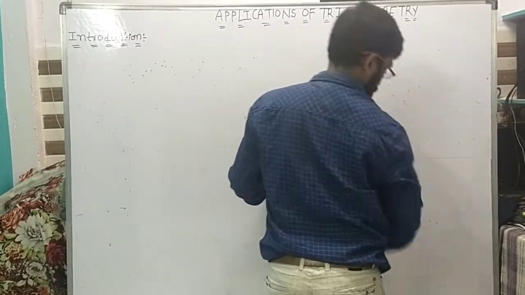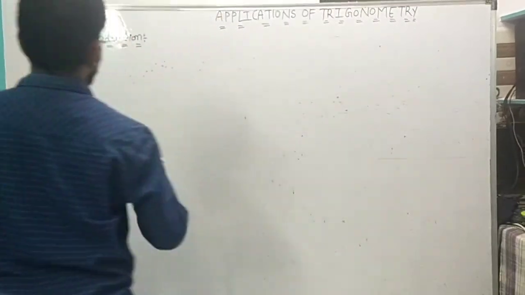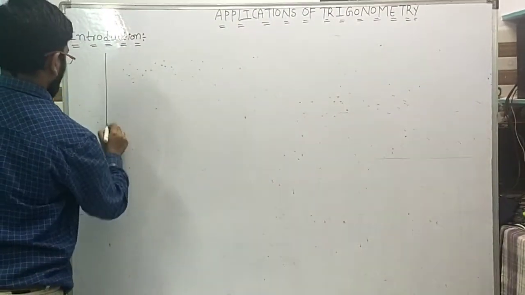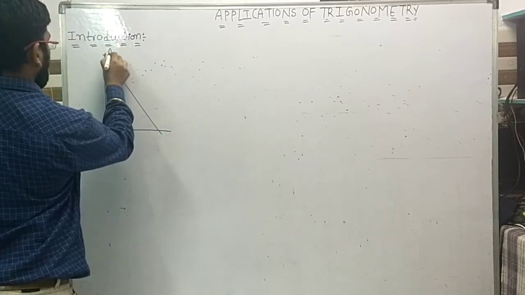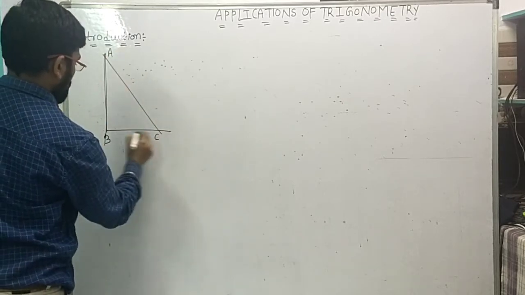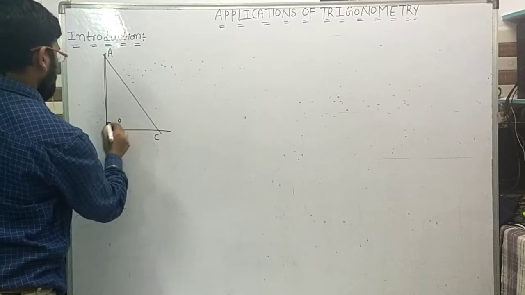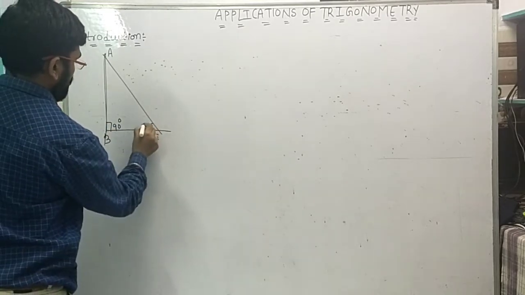When you are going through this chapter, we need to learn some formulas based on the right angle triangle. Suppose ABC, B is 90 degrees, a right angle triangle, and theta is here.